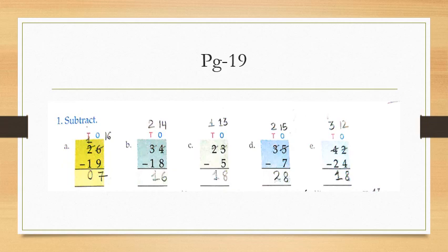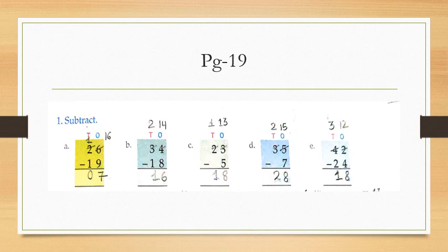Next part children, see. Here you have to subtract 5 from 23. Look at the ones place children. Here you have to subtract 5 from 3. But children, we can't subtract 5 from 3. So in this case we borrow one value from tens.